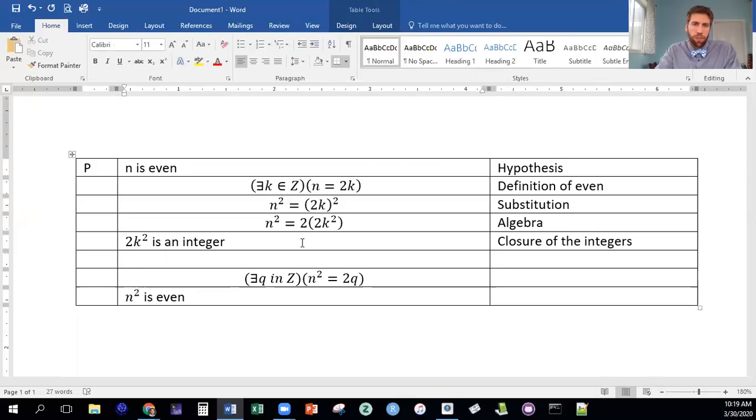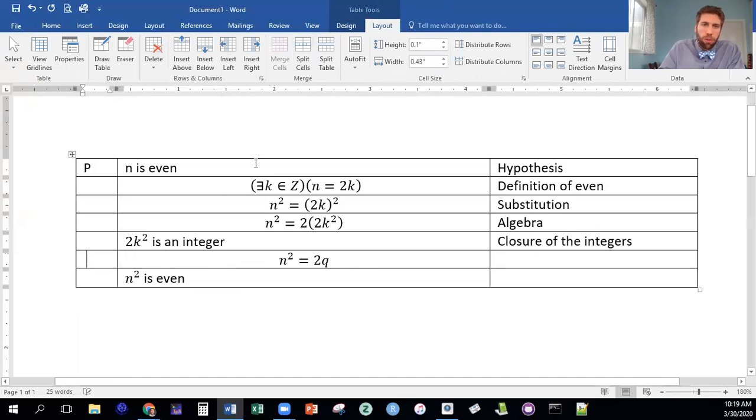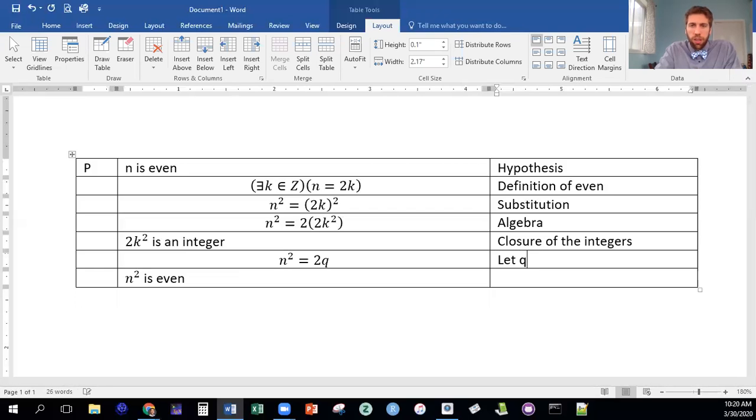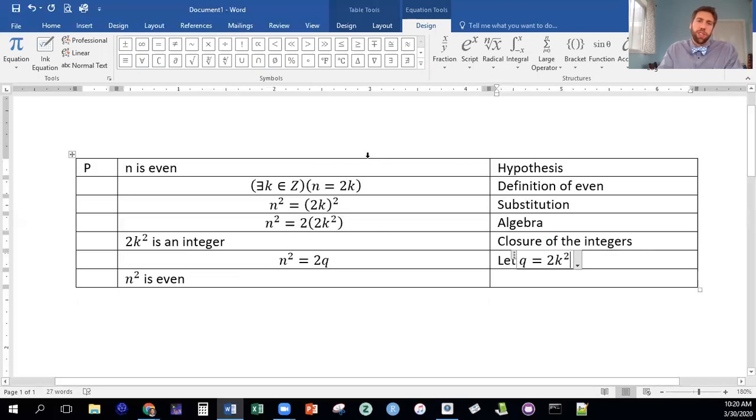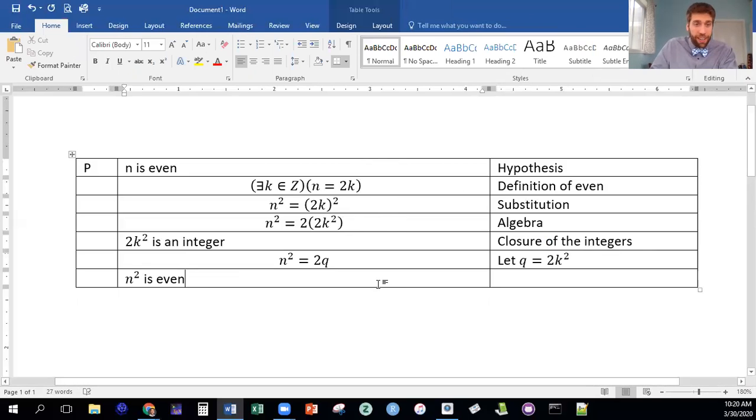And then I need to say there exists a q. I don't even need this line. Delete row. Letting q equal 2k squared. All right, that completes preview activity 2.